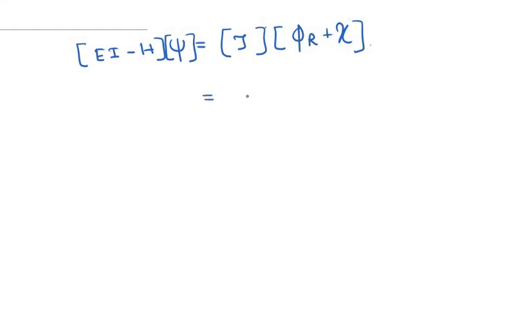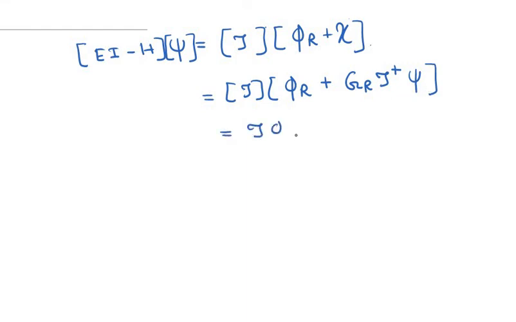So this is basically tau [phi r plus g r tau dagger psi]. So this is basically equal to tau phi r plus tau g r tau dagger psi.